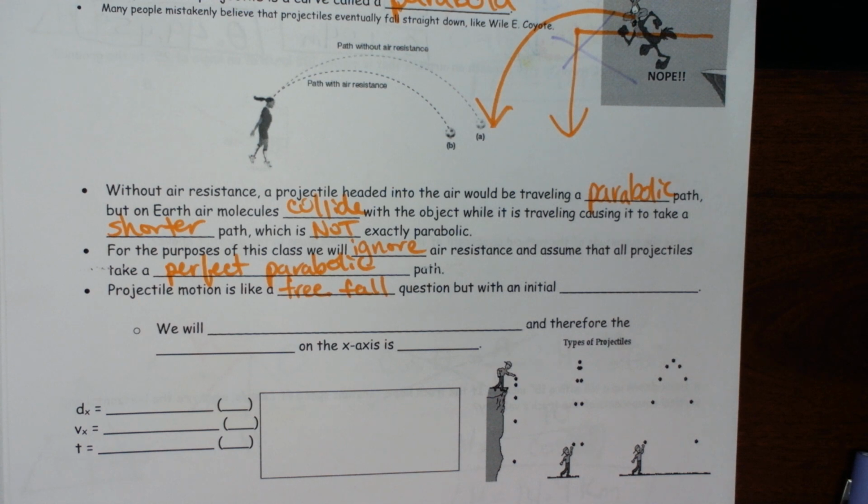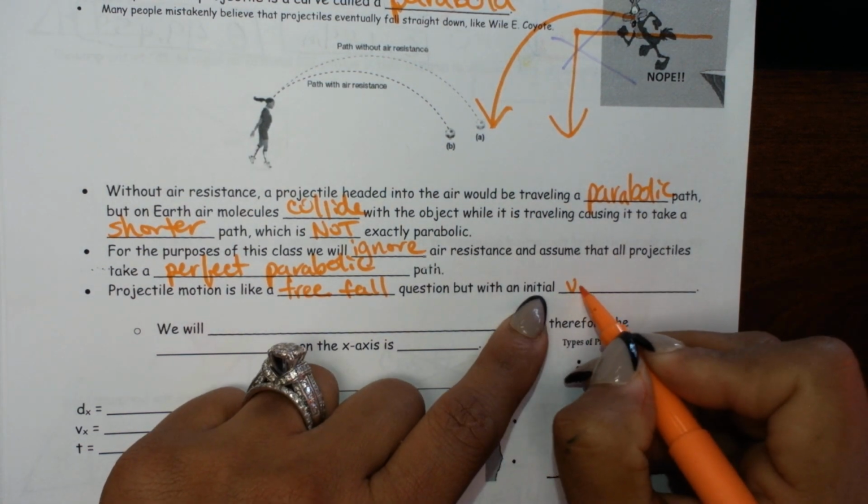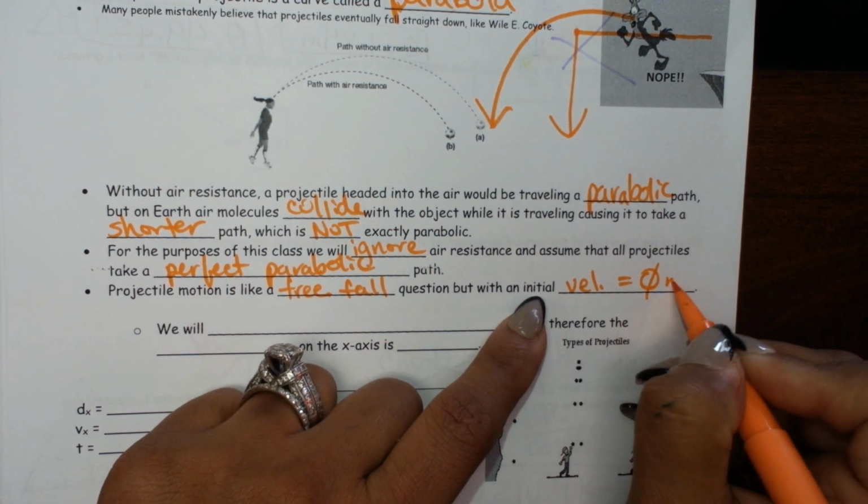What are the two things that I know when it comes to free fall questions? There are two things that I know for sure. The acceleration, a, is negative 9.8. And the other thing I know is the initial velocity is 0.